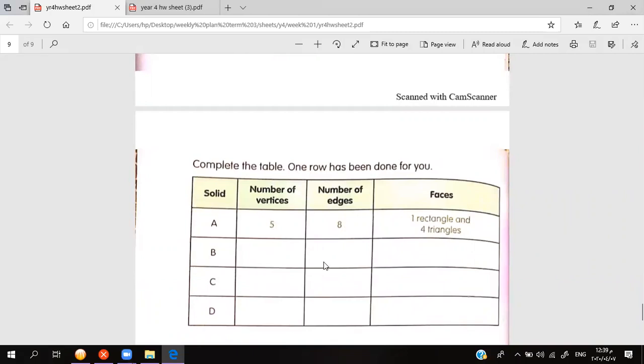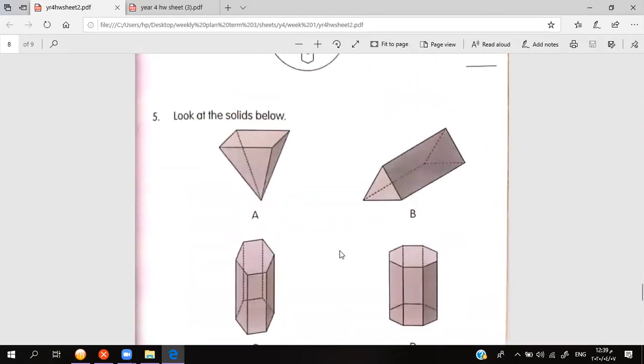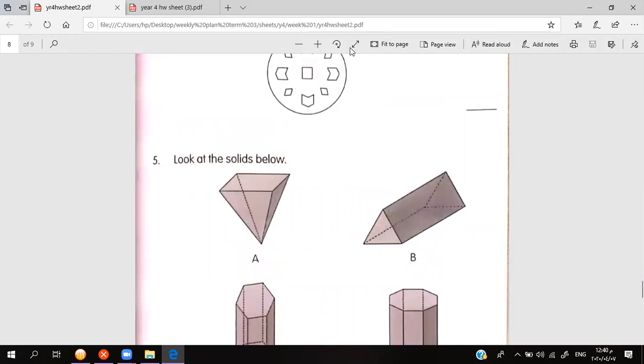Let's see how many edges. Edges are the lines. Here is 1, 2, 3, 4, 5, 6, 7, 8, 9. So it got 9 edges.